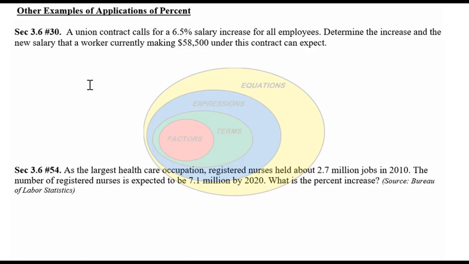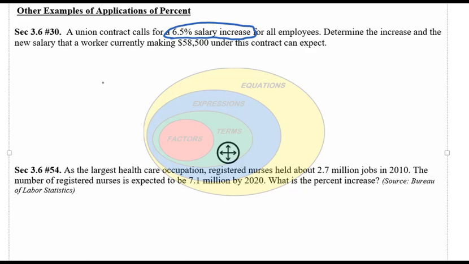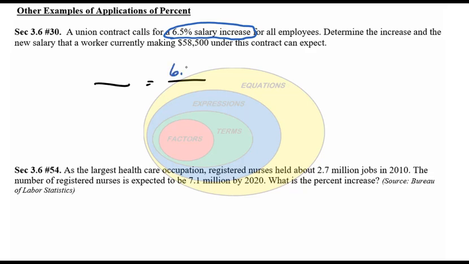Determine the increase and the new salary that a worker currently making this salary can expect. The 6.5% salary increase tells me that in my proportion, the percent is 6.5 over 100, and the amount is the salary increase.